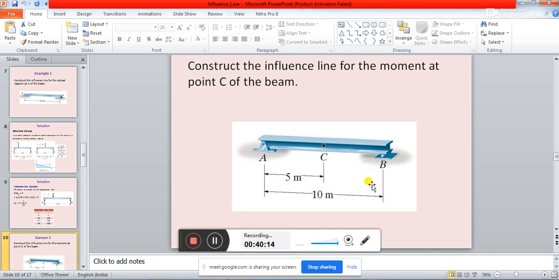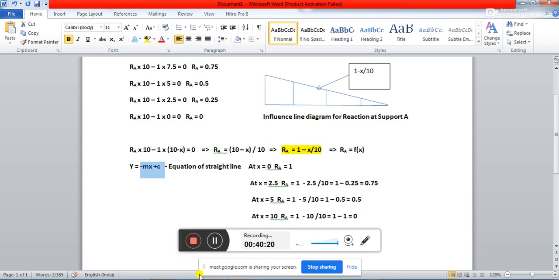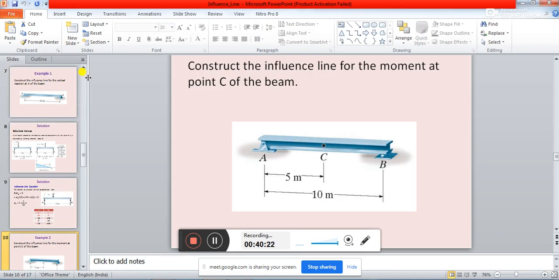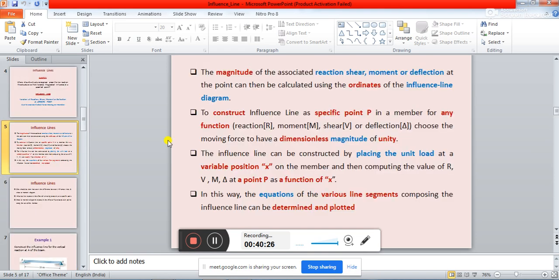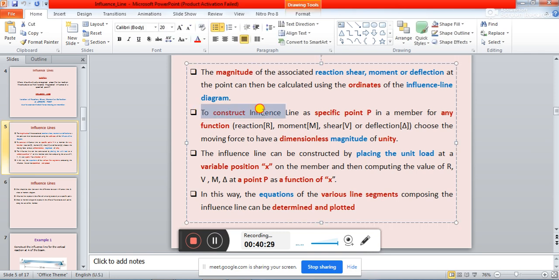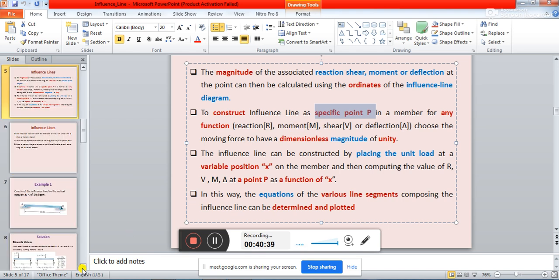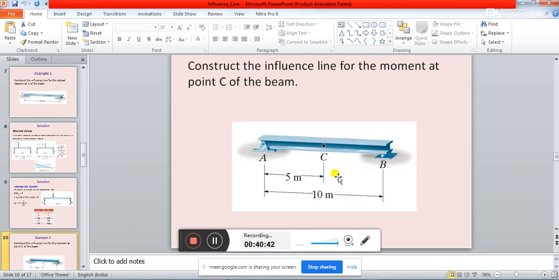Go back to the slide and see in the definition what we have said: to construct the influence line at a specified point P. So at a specified point P you want to find the moment now. In this problem, the specified point is C.